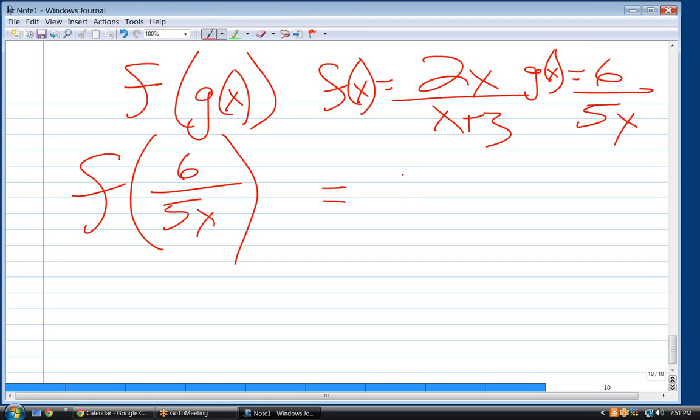Let's plug it in parentheses and then simplify, I think is the best way to do it. I think it's a mistake to try to do the simplification at the same time you're plugging it in, especially when it's a complicated function like this. In other words, I'm really fond of doing this.